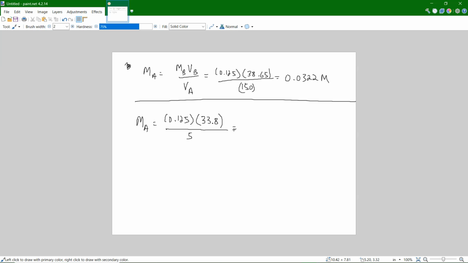So we're going to get 0.125 times 33.8 divided by 5. Let's see, example 16.9. 0.845. Yeah, that's good. Okay.